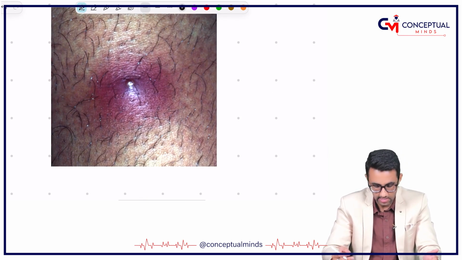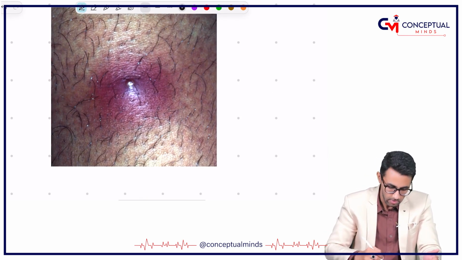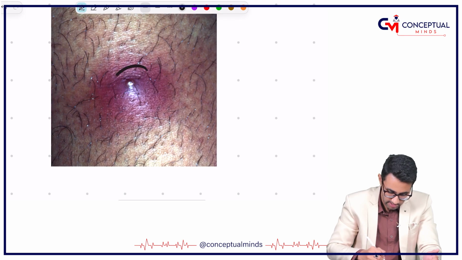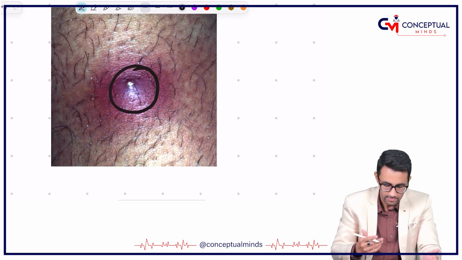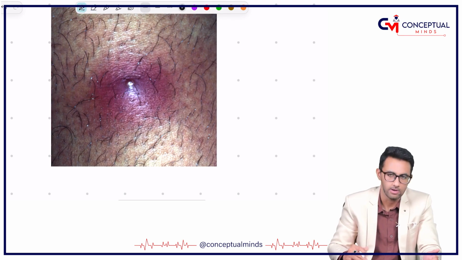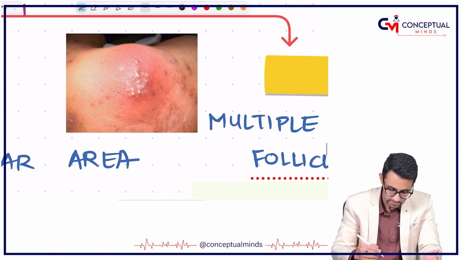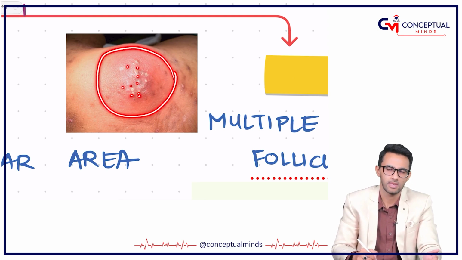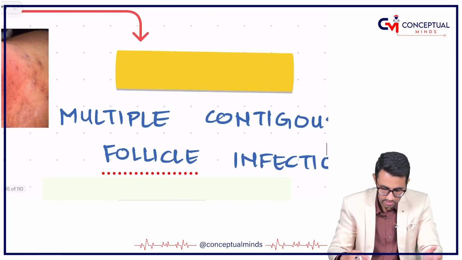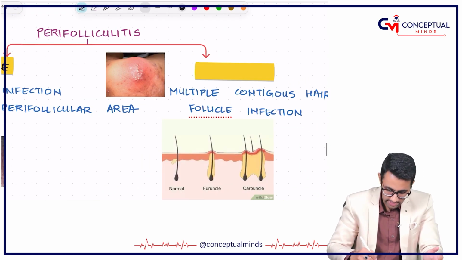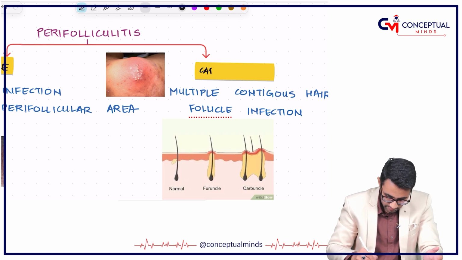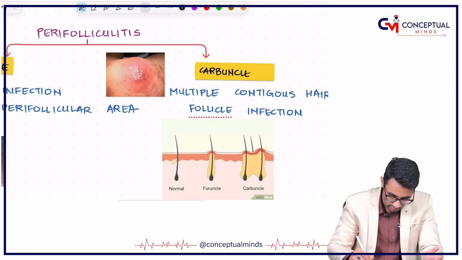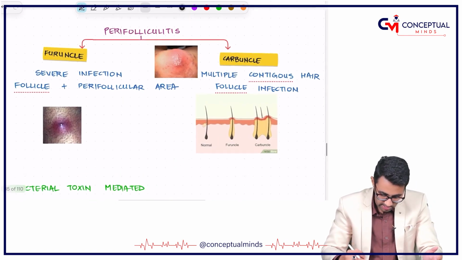Only one hair is involved here, with the perifollicular area red and erythematous, but only one hair. In contrast, in a carbuncle there are definitely multiple hairs involved, with a diffuse looking area coalescing with each other. We call it a carbuncle. So, multiple and single.